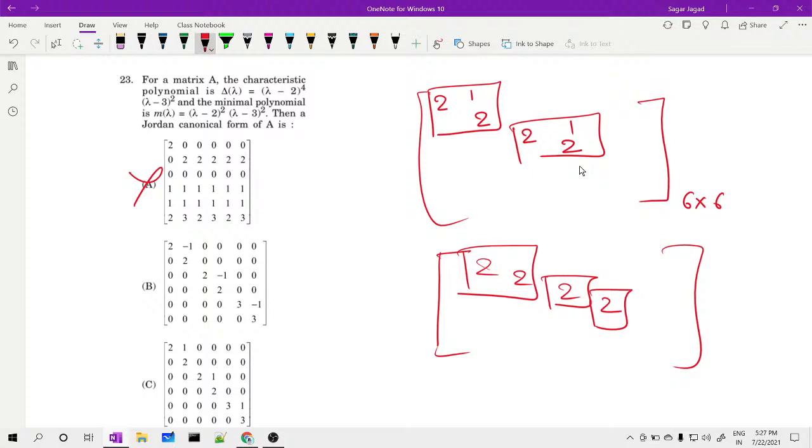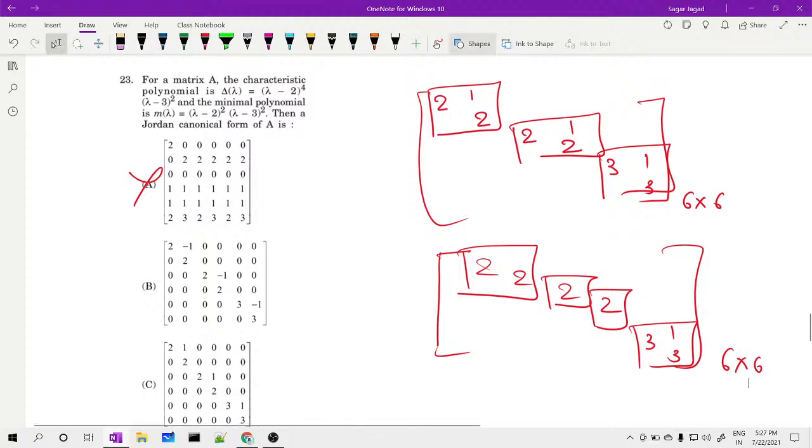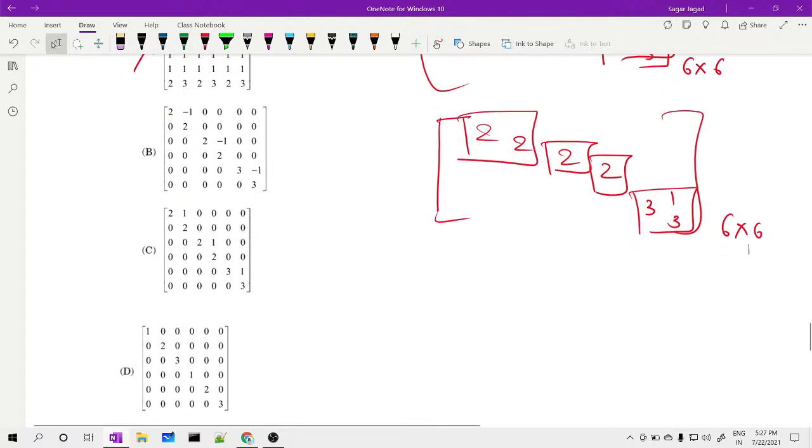Over here there are 2 threes, and from the minimal polynomial I know the maximum size of a block for 3 is 2, so it should be like this. Either of them would be the correct choice. From the options, option C is correct. Yes, option C is the correct choice. This is a good question.